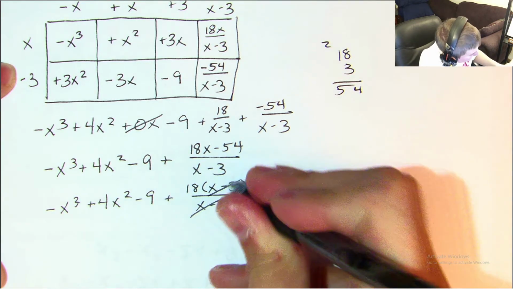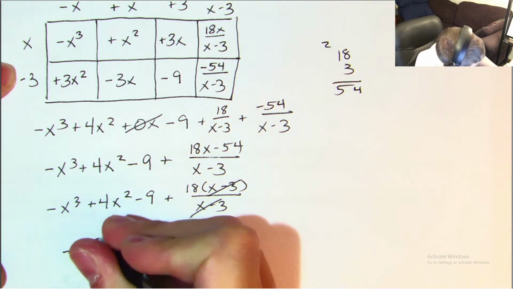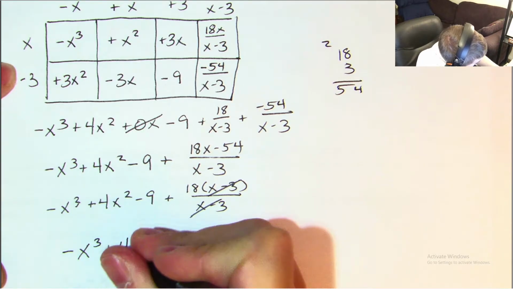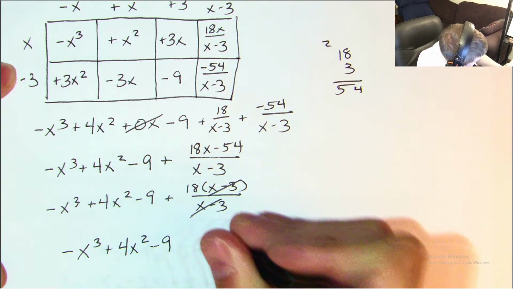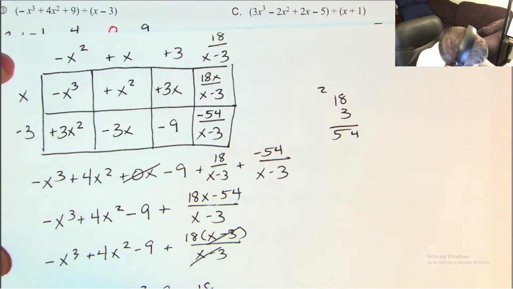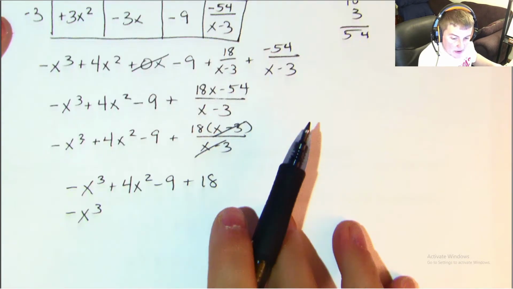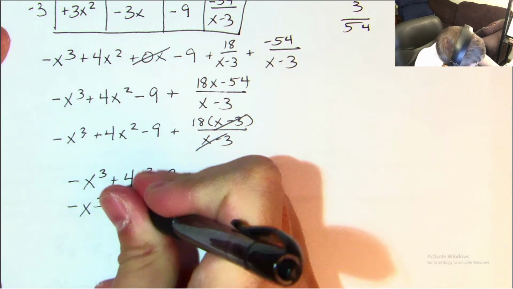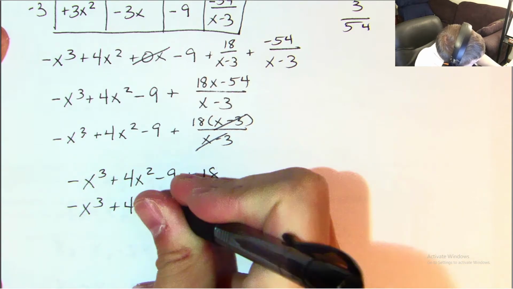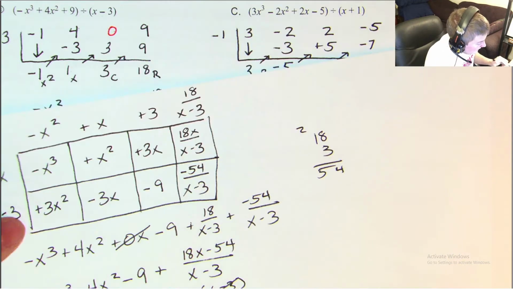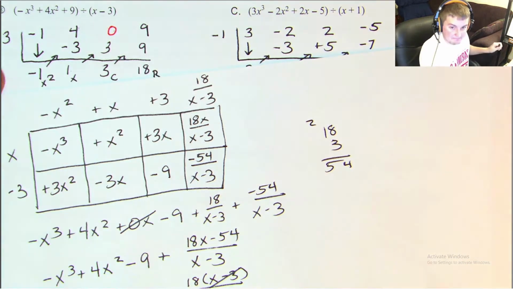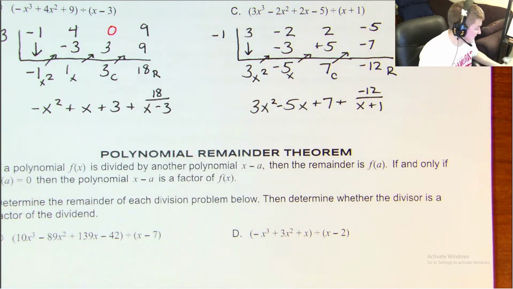These will cancel, and I get negative x cubed plus 4x squared minus 9x plus 18, which works out perfectly. So as you can see, it does indeed work.